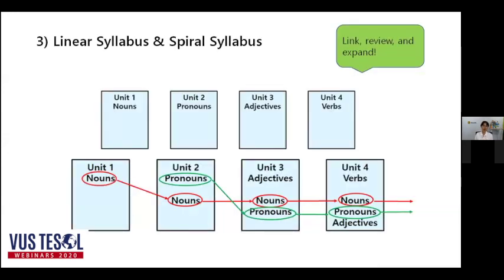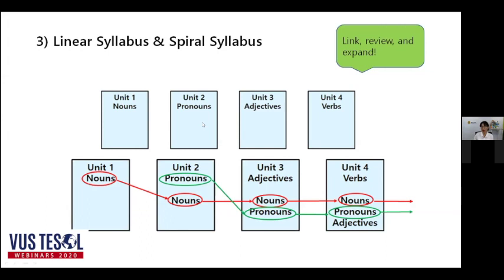And also the syllabus used in those two grammar books is different. So let's look at the syllabus. Linear syllabus and spiral syllabus. You are probably very familiar with linear syllabus. Linear is just one line, right? So if you look at this, Unit 1, nouns.